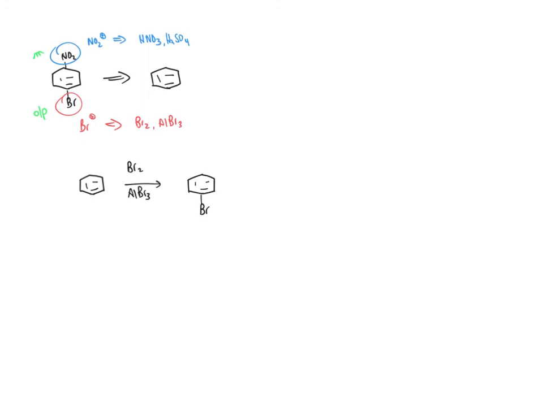Once that bromine is on there, then we can take nitric acid and sulfuric acid and do the nitration, and that nitration will go to the para position to give you bromonitrobenzene.